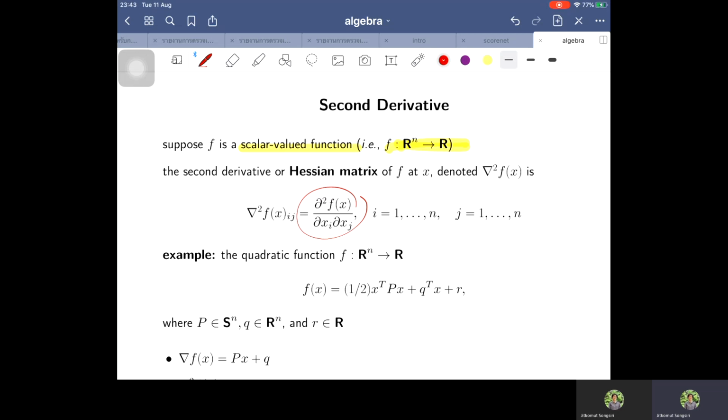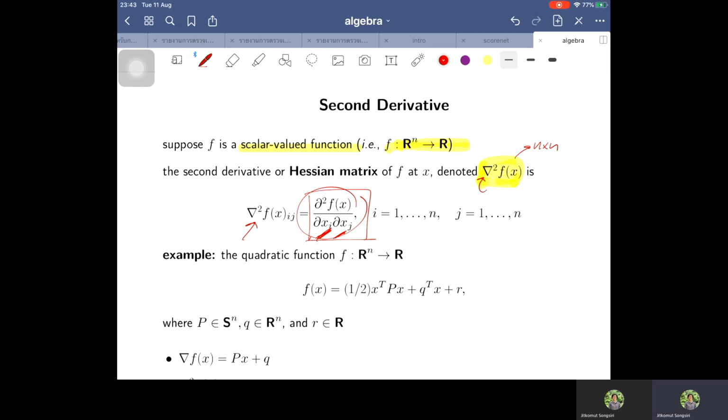Suppose f is a mapping from Rn to R. We say that the Hessian matrix is denoted by this symbol, like nabla squared, but it is called the Hessian matrix. The Hessian matrix is a matrix of size n by n, and the ij-th entry is the second-order partial derivative of f with respect to xi and xj. You take the derivative with respect to xj first and then xi.